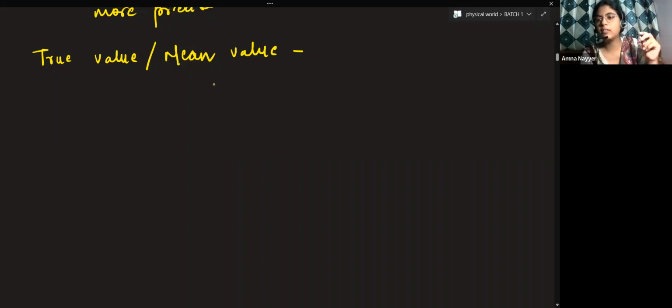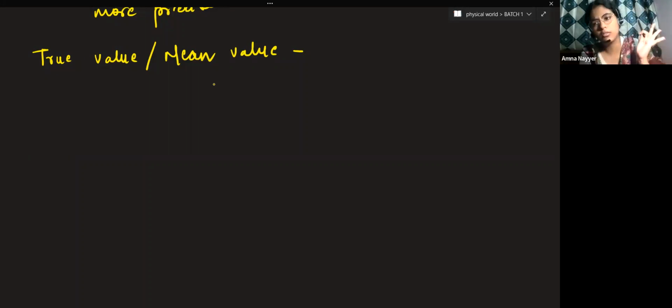For example, if I give you a scale and ask you to measure the length of this pen, one time you will get 9.9 centimeters. Next time you'll get 9.8 centimeters. One time you'll get 10 centimeters. Different values.